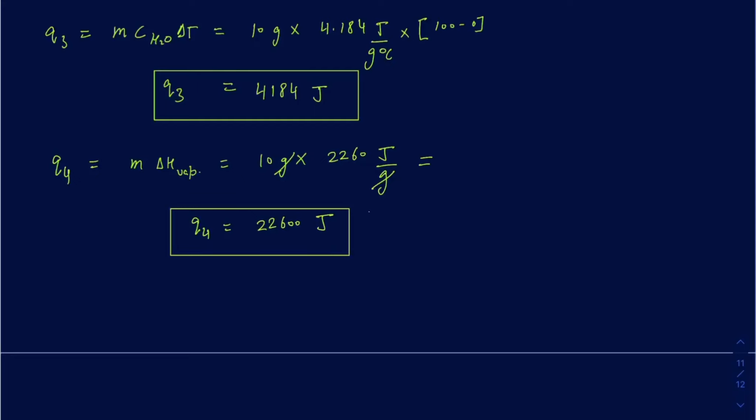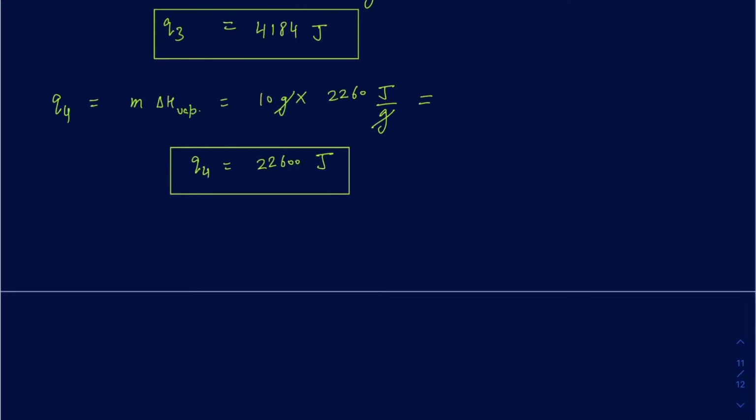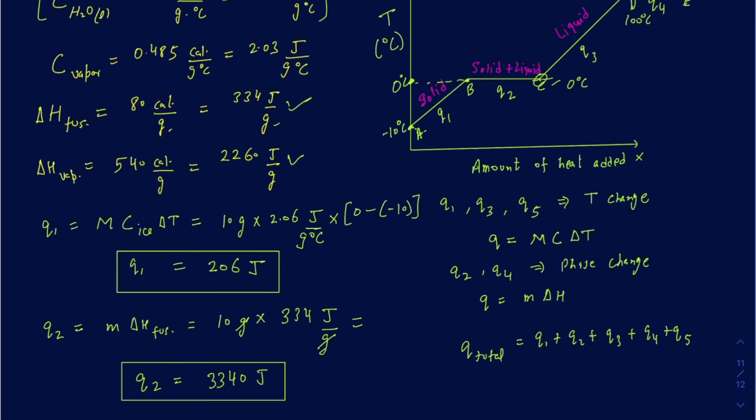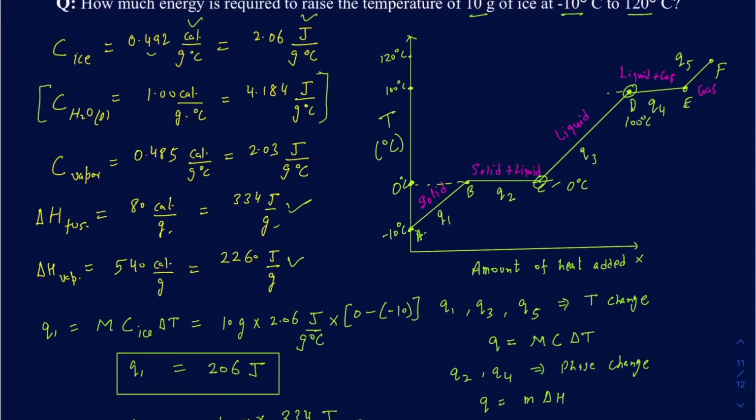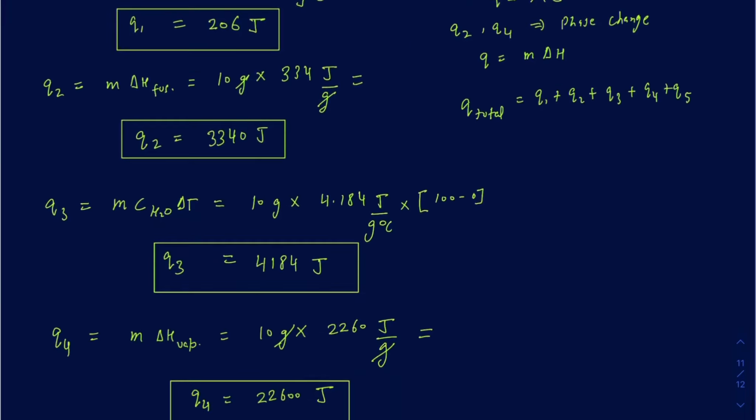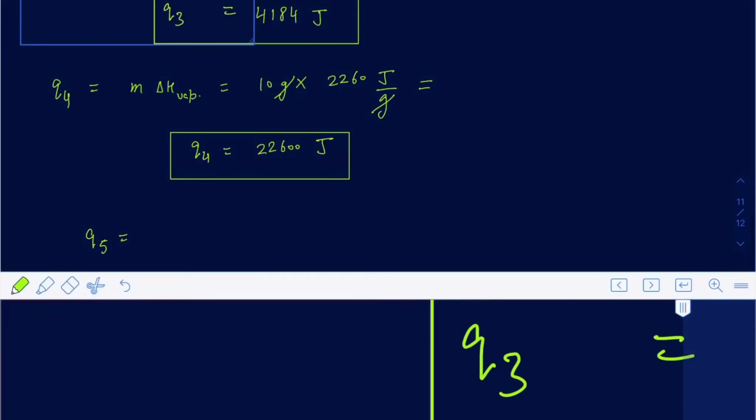Now similarly, we can calculate Q5. If I go back to the heating curve, Q5 is going from E to F, from 100 to 120 degrees Celsius. Since you're changing the temperature and no phase change takes place, you use Q equals MC delta T. Those are the important things to know before you start these questions.